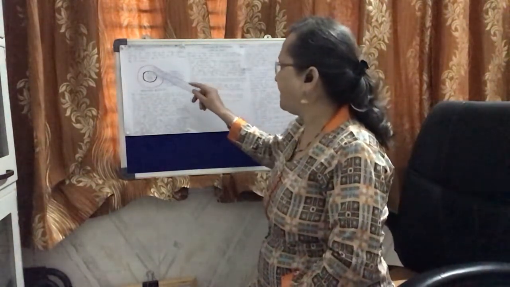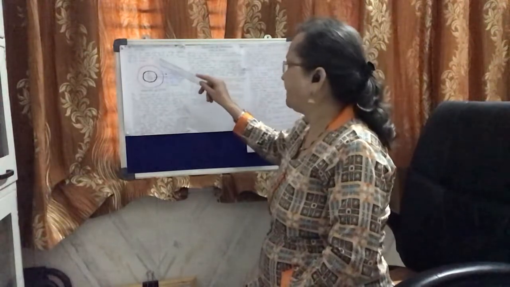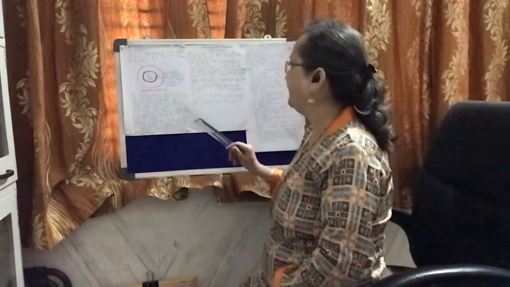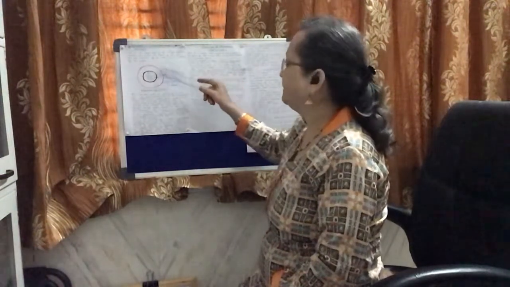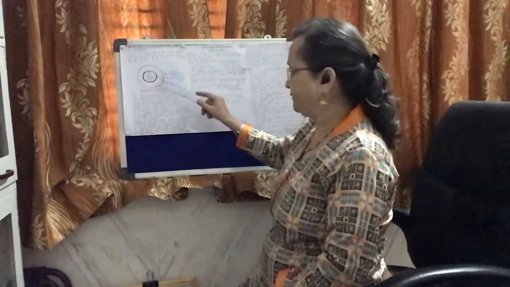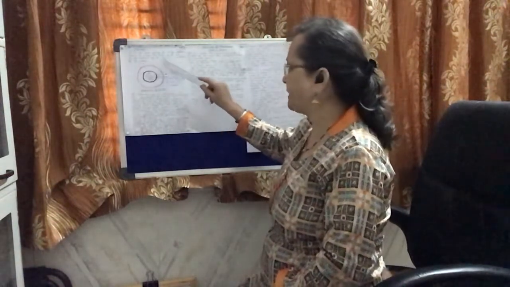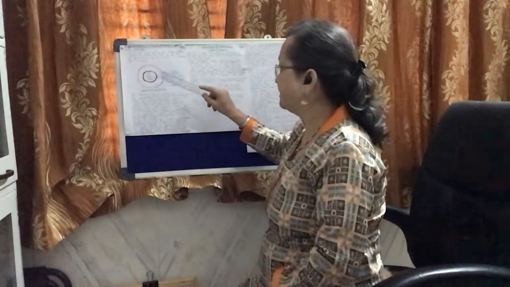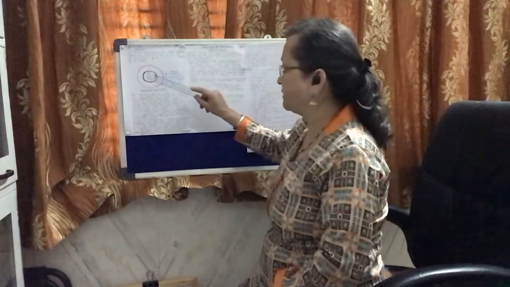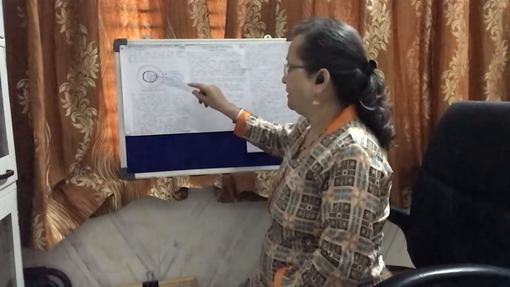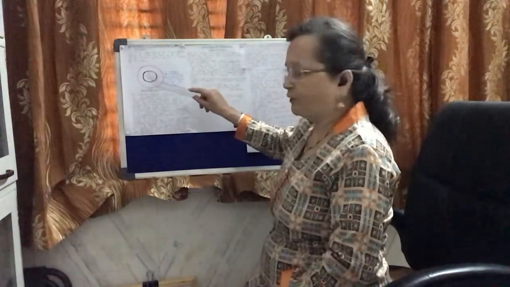So it is an elastic and strong coat around the cell membrane. Inside this cell wall, a sticky substance is present between the cell membrane and the nucleus. See here students, this part is called the cytoplasm.